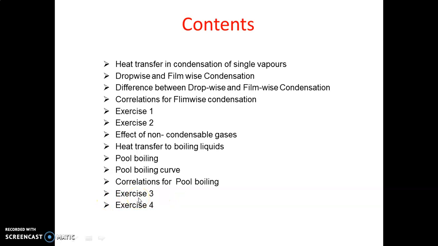Then we will discuss how to calculate the peak heat flux or critical heat flux in nucleate pool boiling. First we will discuss the formula for calculation of peak heat flux or critical heat flux for nucleate pool boiling, and then we will solve one problem on these correlations.